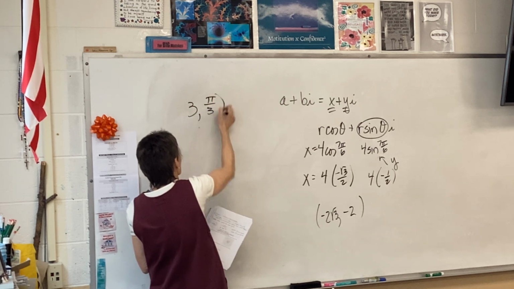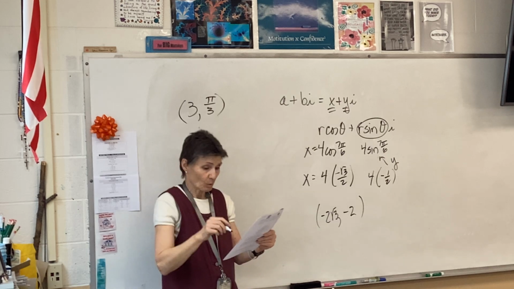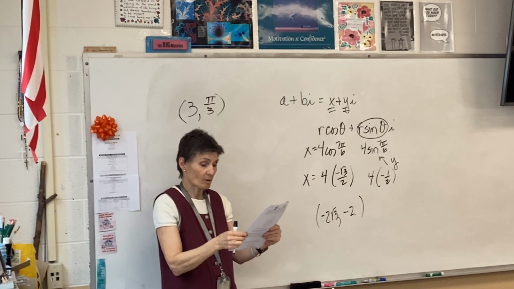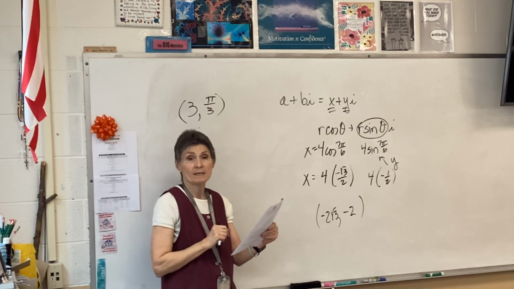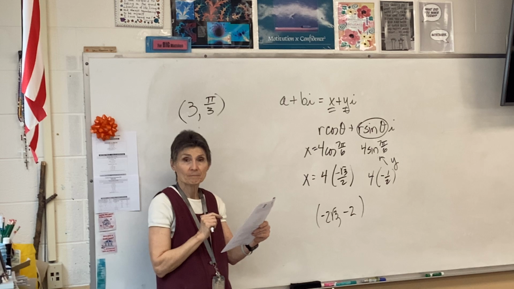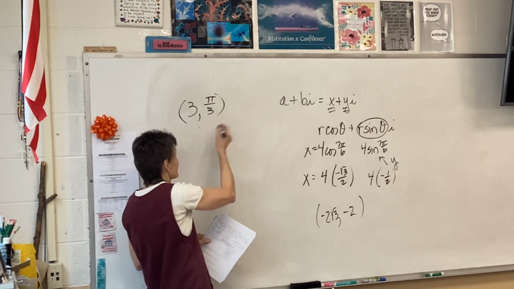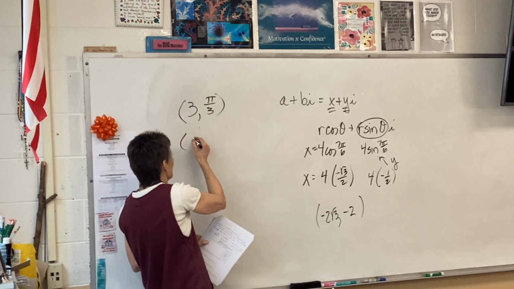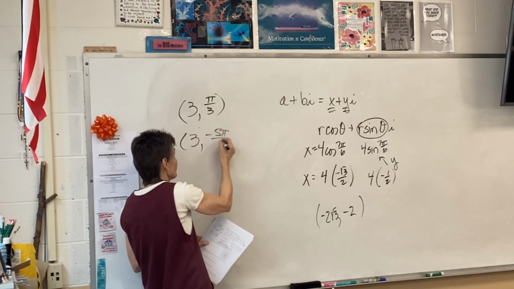You're going to be on the third circle out, or the one labeled 3. These aren't labeled, so be on the third circle out and on the pi over 3 line. Put a dot right there. Now, what are some other names of that same point? That point could be 3 comma negative 5 pi over 3.